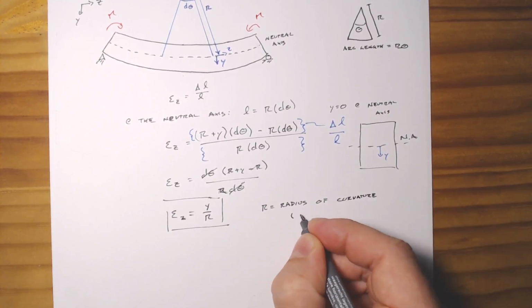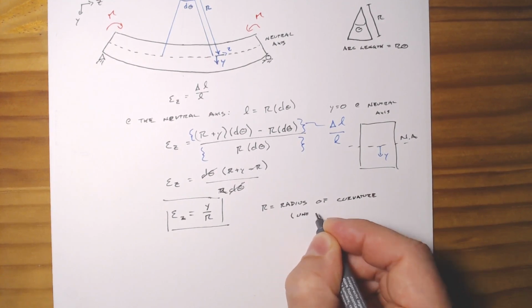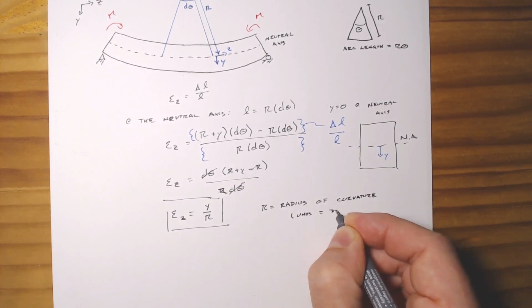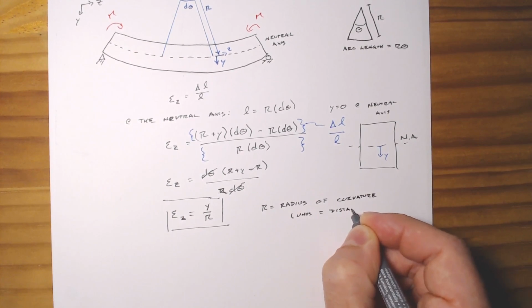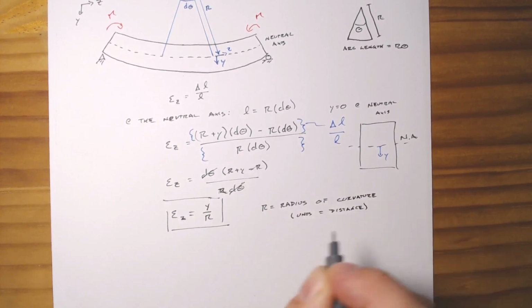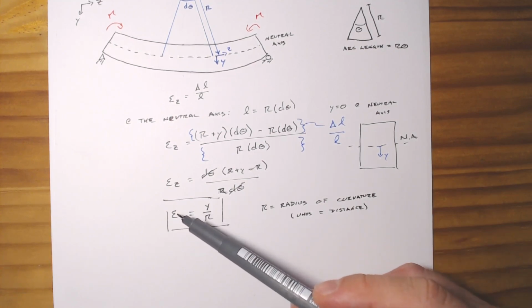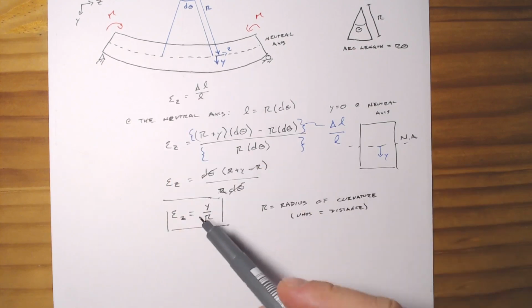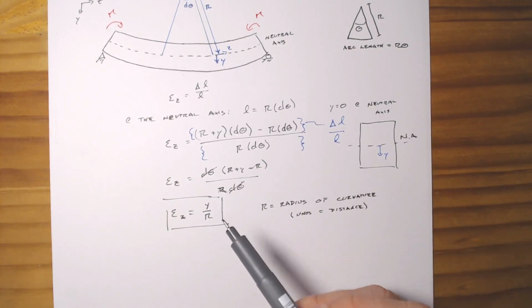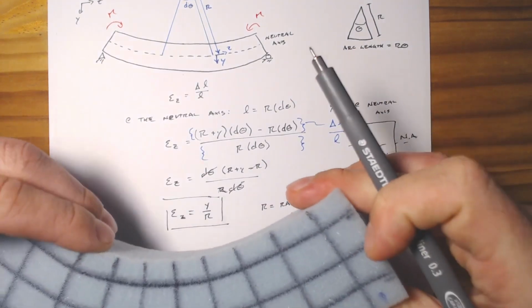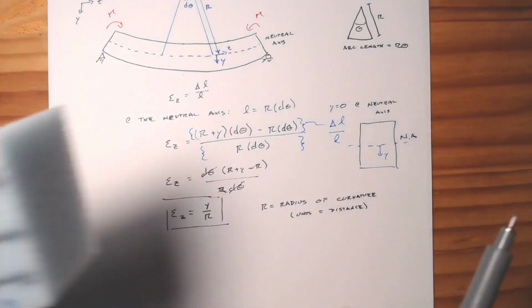And it is some distance, so the units are distance. Which again simply means that the strain in your beam is going to be inversely proportional to the radius of curvature, how much you've bent it.